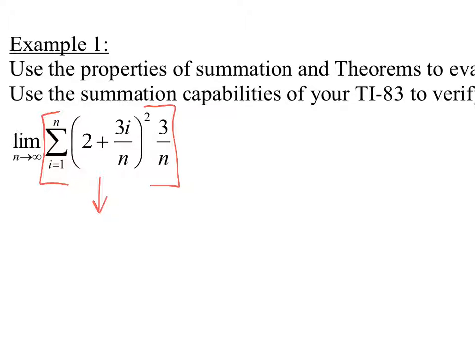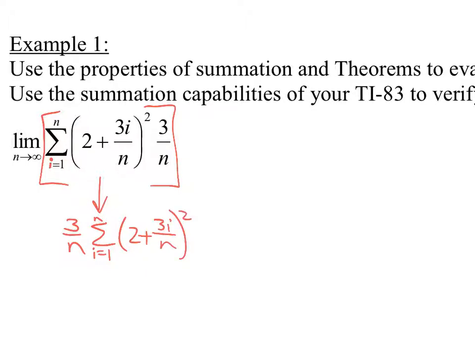The n here, even though it's unknown, or we can make it whatever we want, we're actually going to treat as a constant as we do the sum, because the variable of the sum is i. So that means 3 over n is a constant, and I'm going to pull that out here. And that's the sum from i equals 1 to n of (2 plus 3i over n) squared.